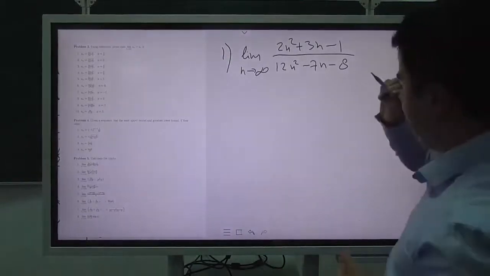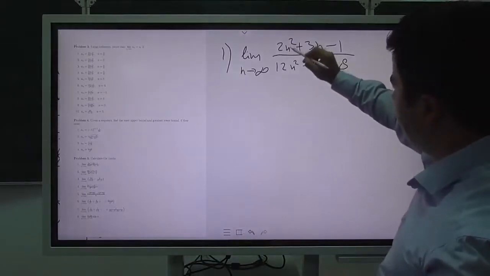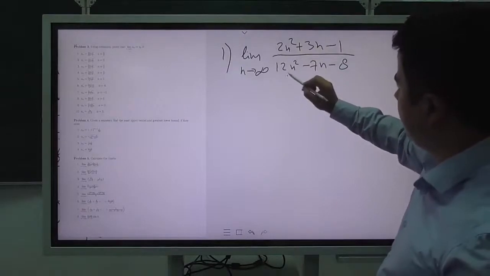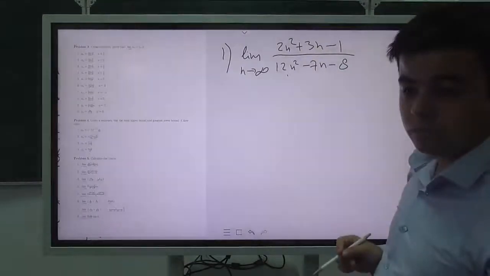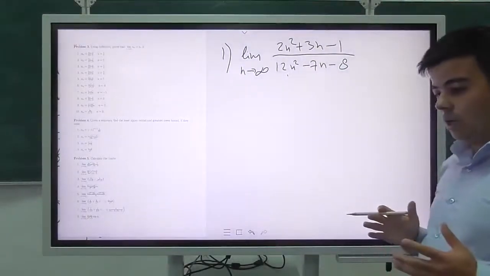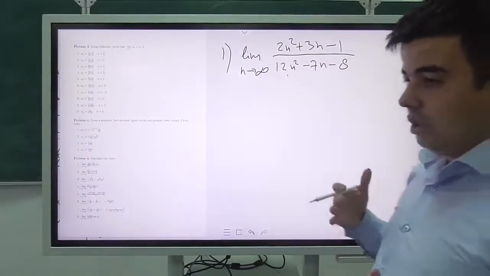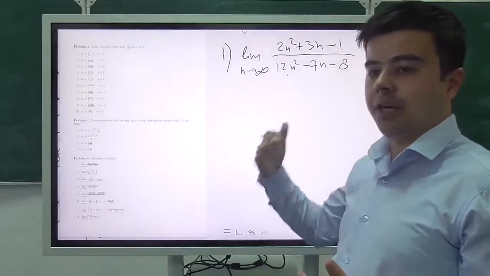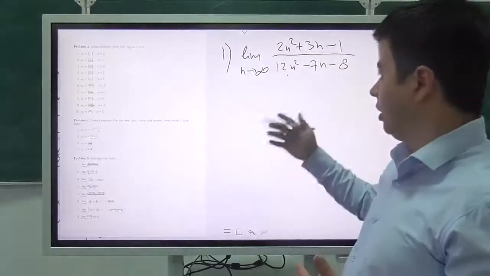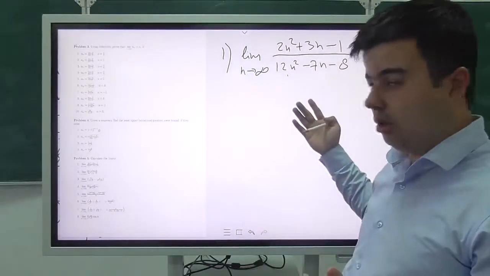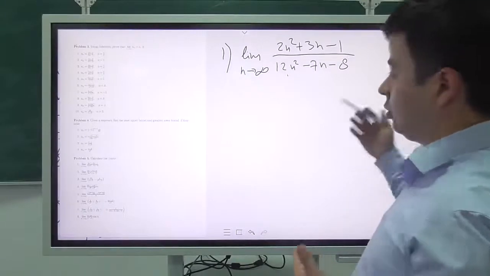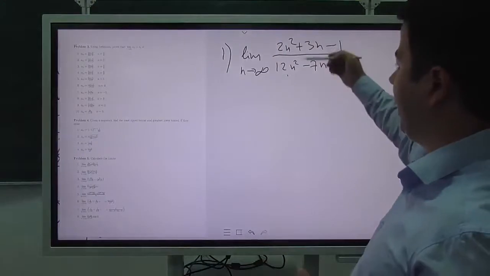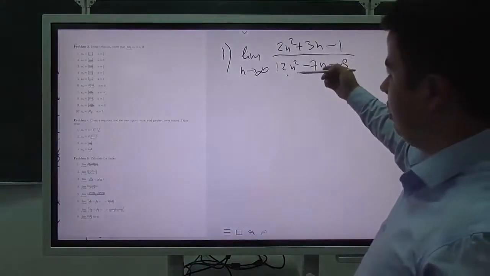Look here. Here we have n squared, the biggest power in numerator, and in the denominator also n squared. So in all cases we need to divide by the greatest term in our expression. So in this case we need to divide by n squared, numerator and denominator. How?